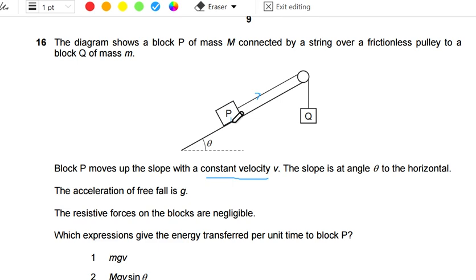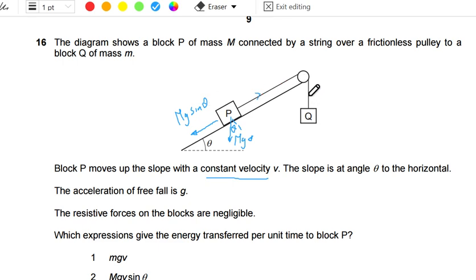This force is the component of mg, weight of block B, in direction of slope. Okay, we have this angle theta, and if we make a perpendicular here, this angle also will be theta, so this is mg sine theta. Okay, this should equal the tension.